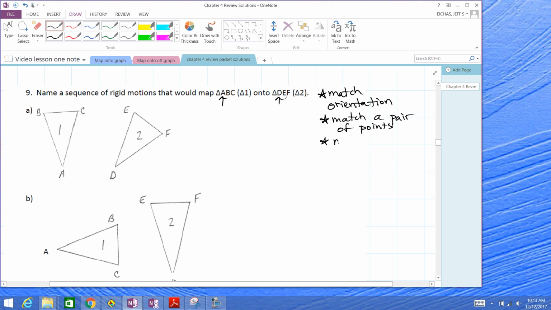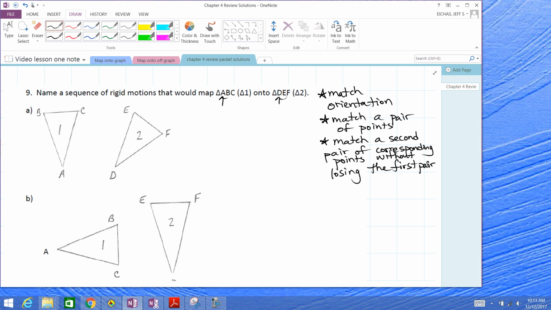That's going to be match a second pair of corresponding points without losing the first. The way we do it in my class is then we rotate centered around whatever that first pair of match points was by an angle that's going to map another pair. Once you've accomplished these 3 goals, that's it.